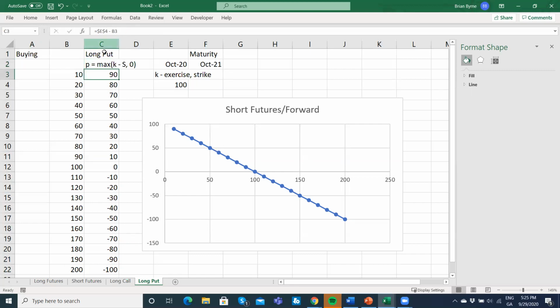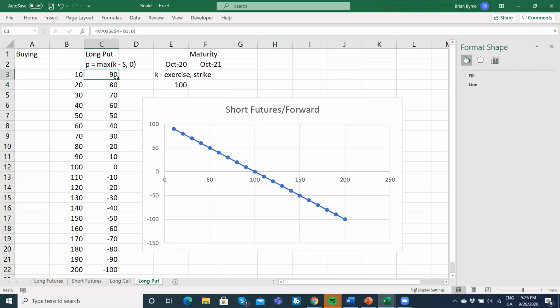If it's below 0, in other words, negative, we'll take 0. And to observe that in terms of the graph, we'll rewrite, it's basically maximum K, being 100, minus the spot price, comma, 0, close off the brackets.